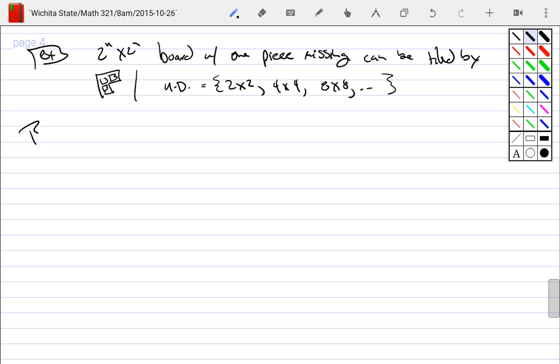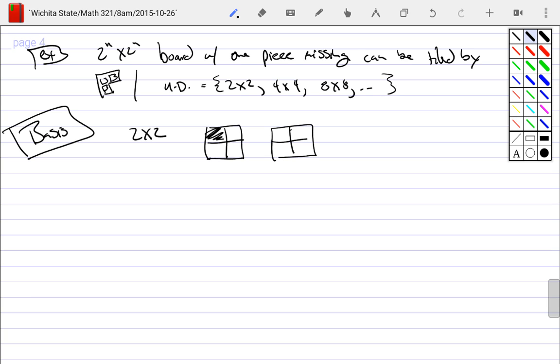All right, what's my basis? It's a 2 by 2 with one piece missing. So what does your basis look like? It looks like this, or this, or this, or this.